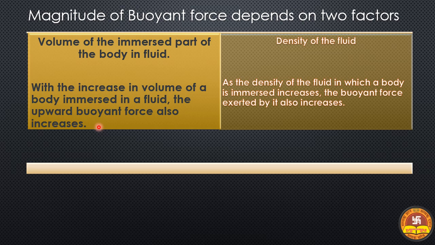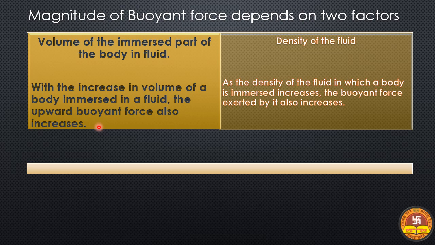Now we are submerging it more, means 3/4 of that is submerged inside the liquid. As the immersed part of the solid increases, accordingly the upthrust will also increase. Now let the upthrust be F2. So we can say F2 is greater than F1. So more is the volume immersed, more will be the upthrust on it.